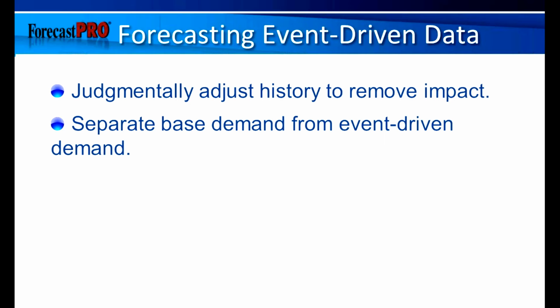So if you're familiar with scanner data, you may know that both IRI and Nielsen use something called baselining to separate base and promotional demand. Really, the goal of this is to estimate how much would have been sold in the absence of a promotion.